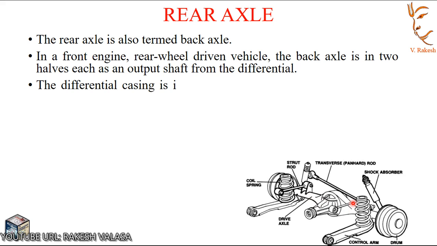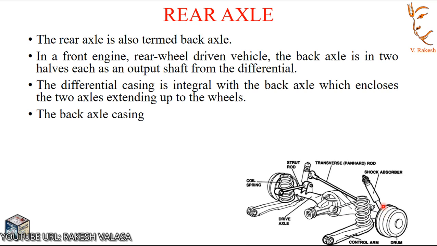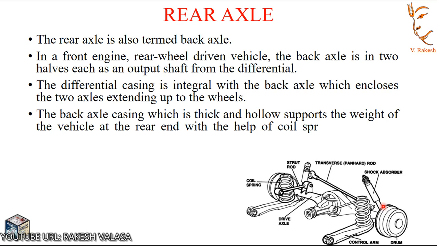The differential casing is integral with the back axle, which encloses the two axles extending up to the wheels. The back axle casing, which is thick and hollow, supports the weight of the vehicle at the rear end with the help of coil springs or leaf springs and shock absorbers.